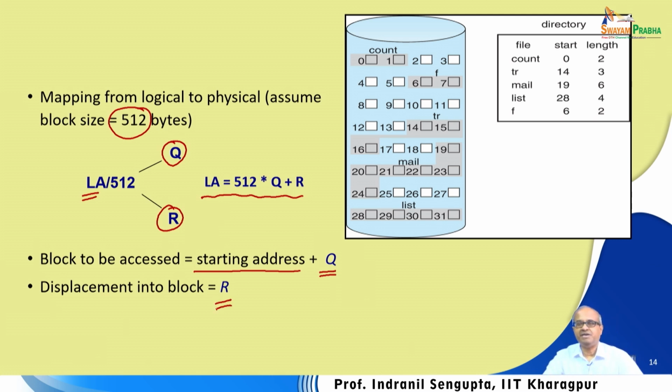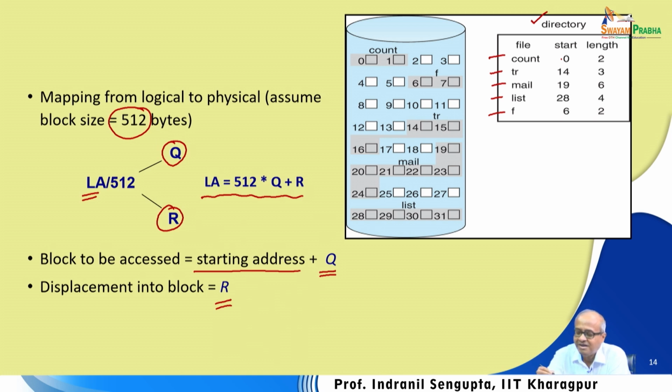Look into the diagram on the right, your file directory may be like this. Here we store information about 1, 2, 3, 4, 5 files. The first file, count, starts from block number 0, its length is 2.